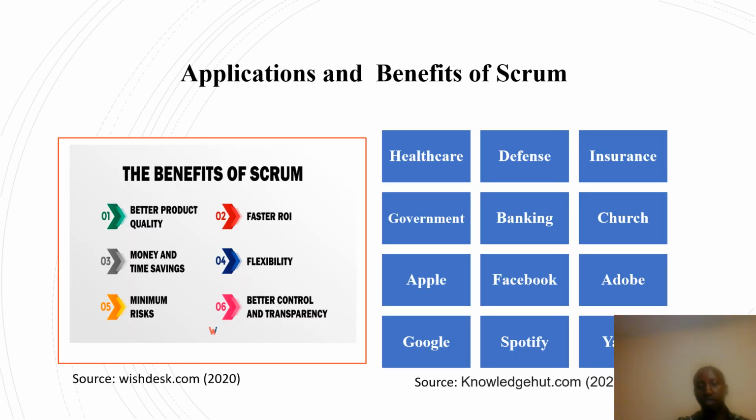Applications and benefits of Scrum. Originally designed for use in software development, Scrum is now used by organizations and project managers across all disciplines. If your project is urgent or complex and needs a quick deliverable, then Scrum is the right framework for you.